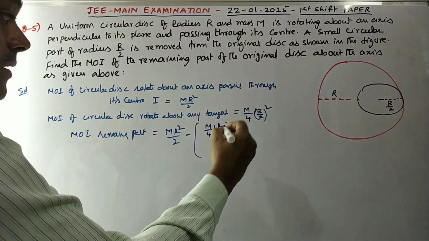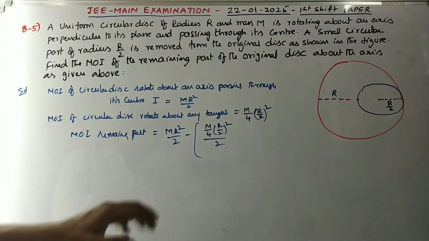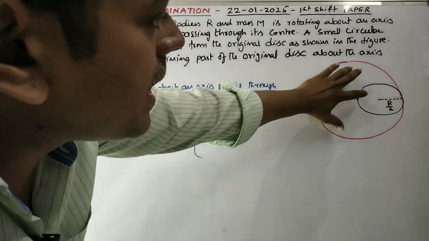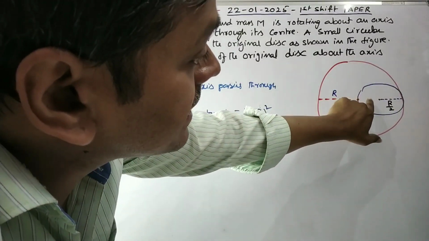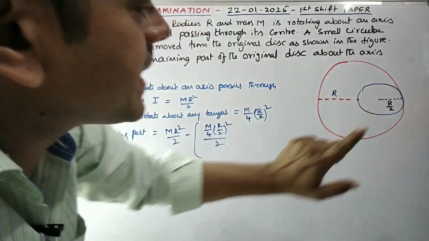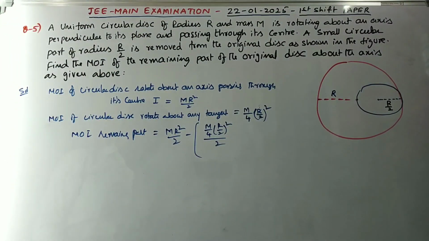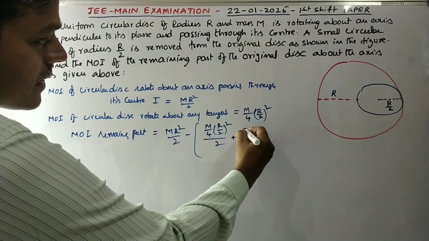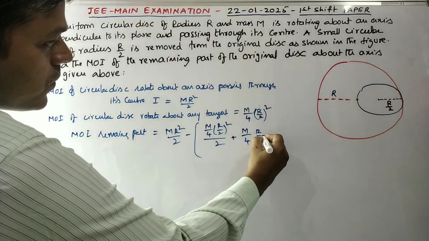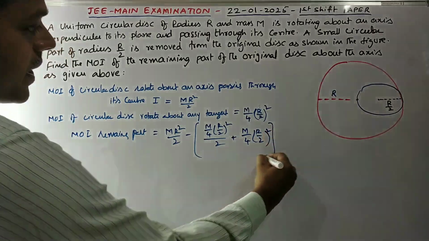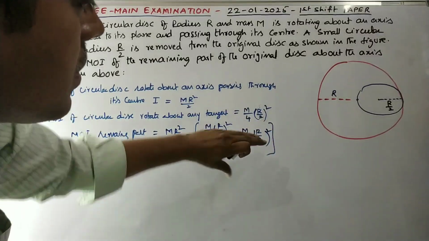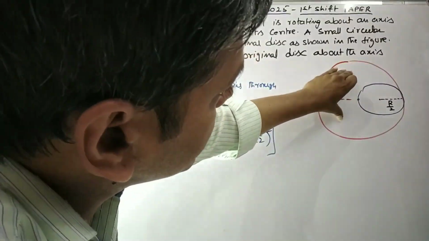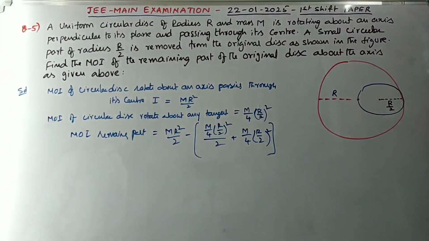Actually this is divided by 2, because the whole disc rotates about its center, but this small part rotates about a tangent. So this plus m by 4 into r by 2 whole square. From the whole thing you detach this part and this part, then the remaining part is obtained.